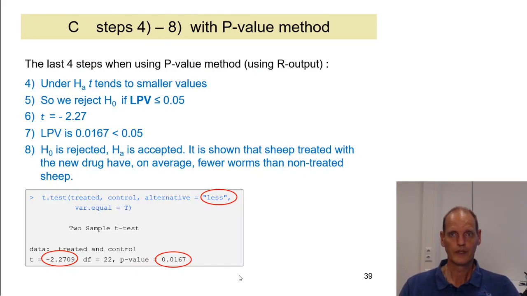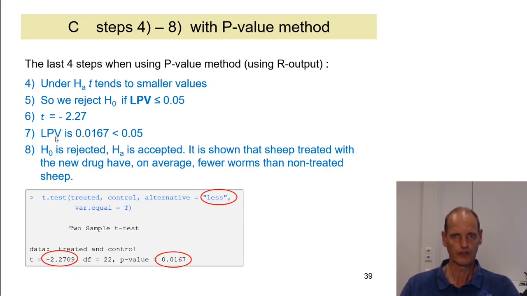How would all the steps work with the p-value method? Under step 4, under HA, t tends to smaller values. That means we reject the null hypothesis if the left-tailed p-value is less than or equal to 5%. Outcome t does not change, minus 2.27.